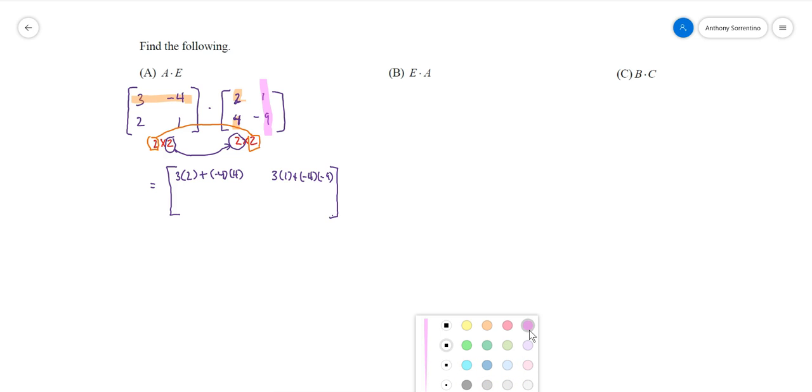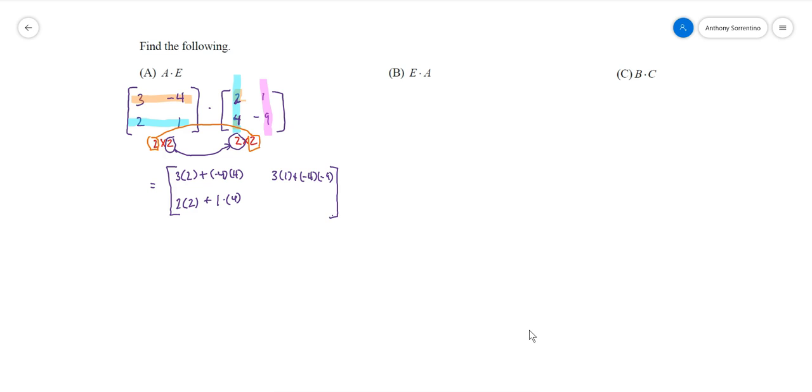Now I'm ready to do row 2, column 1. So I'm going to do row 2 with column 1. And so I'm going to have 2 times 2. So the first one in the row goes with the topmost in the column, and then you work your way right on the row and down on the column, plus 1 times 4.